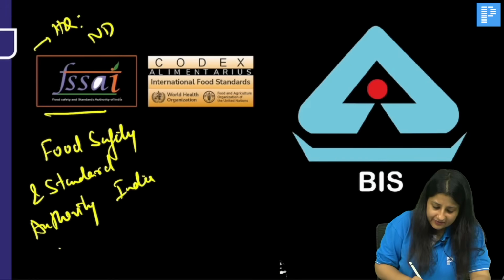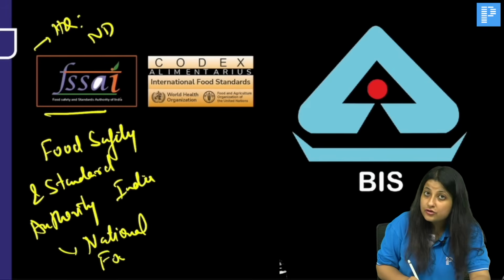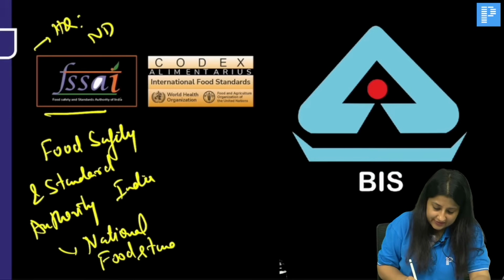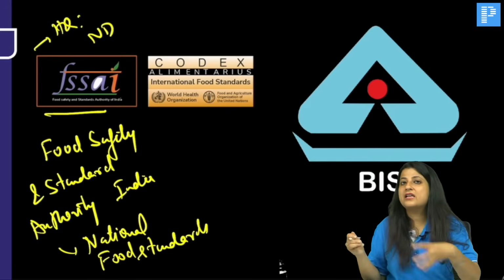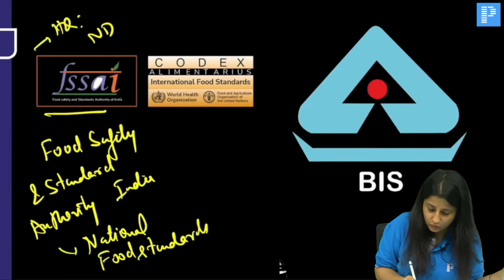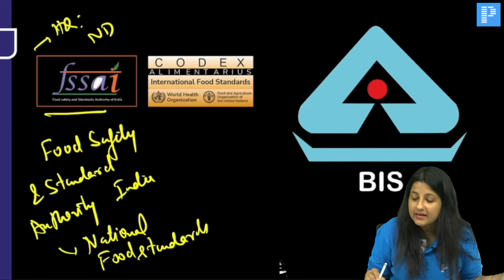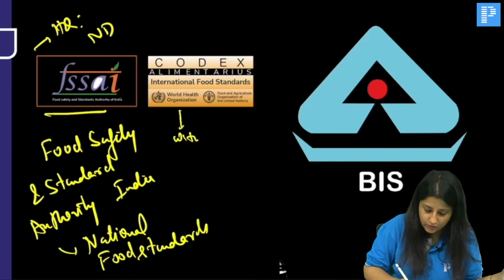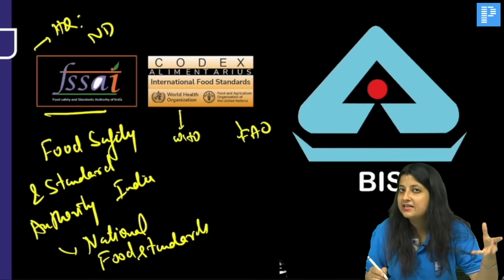And this has given us the national food standards. These national food standards were adopted from Codex Alimentarius, which was given by WHO and FAO. So Codex Alimentarius is the international food standard.